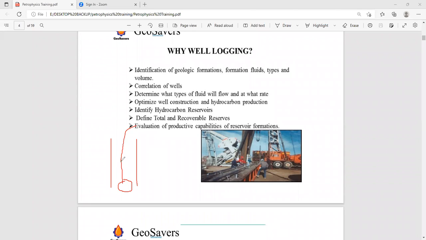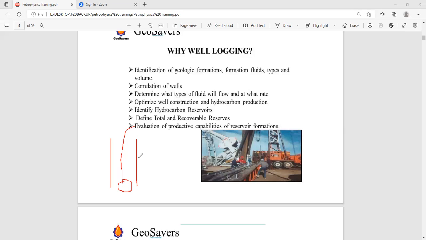They take the sensor right to the depth of the well, and then bring it up gradually at a predefined speed, and they measure the formation property as the sensor is being dragged up from the well. That's one thing you have to note here. The measurements are made when the sensor is being dragged out of the well.